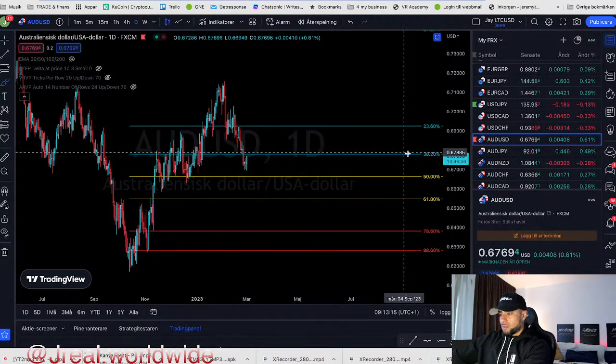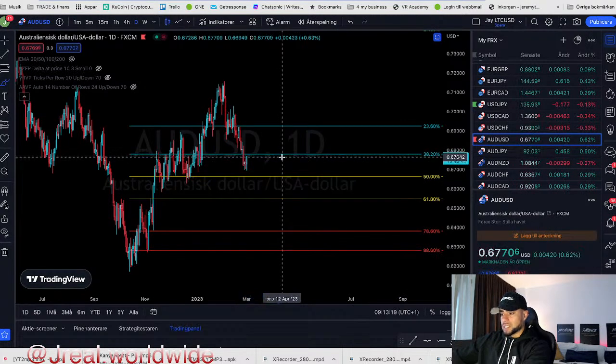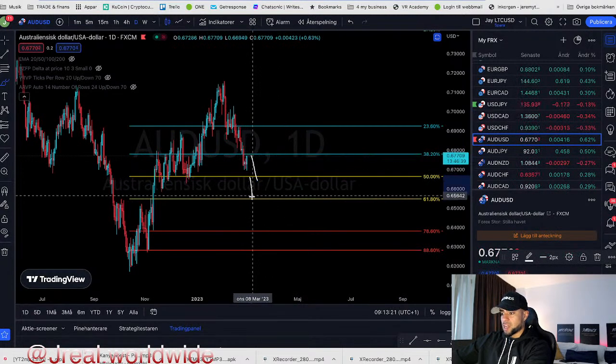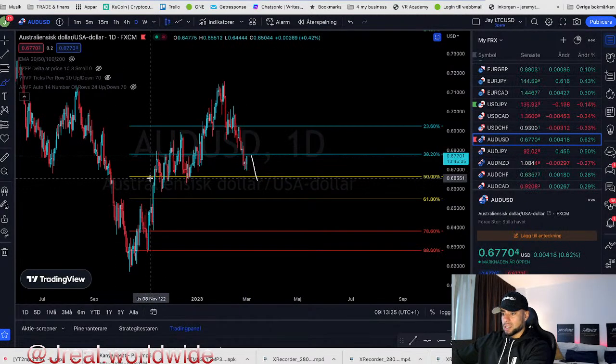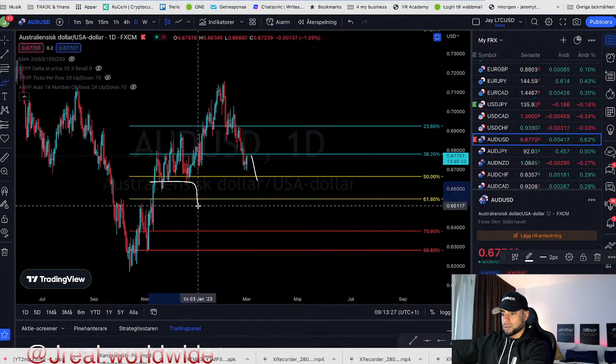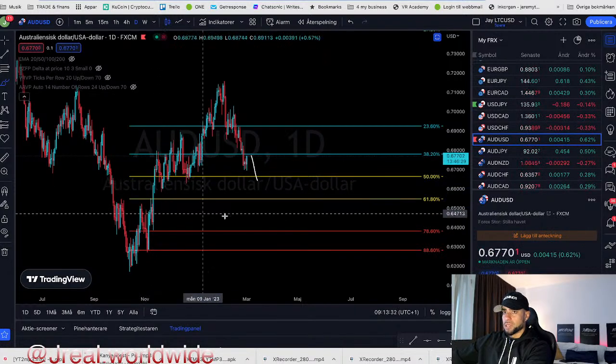So probably bounce off the 38.2 Fibonacci retracement from underneath, so as resistance, and then come down here, pick up liquidity. We have a lot of liquidity stuck in this range here. So you see this candle, a lot of unfilled orders.